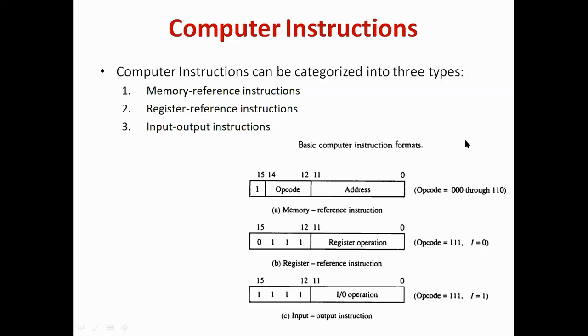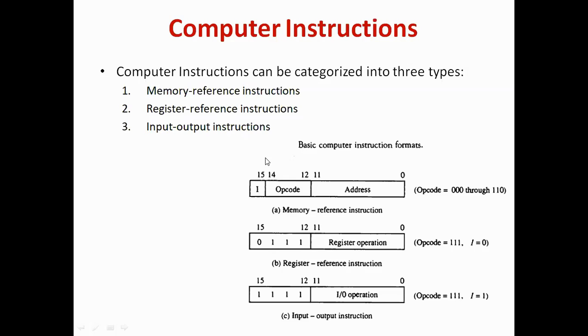Third is the input output instruction, where those instructions deal with input output. So taking an operand or a value from some input output device. So these are those categories of instructions.